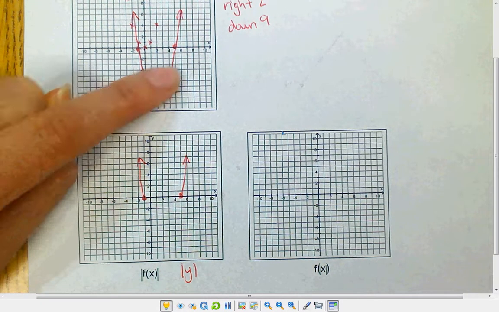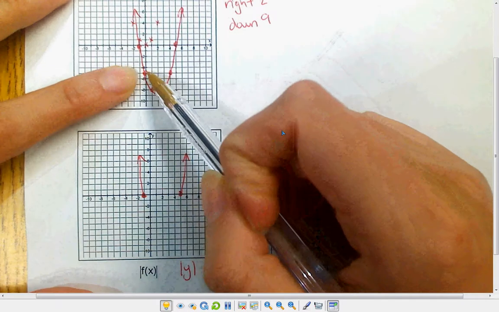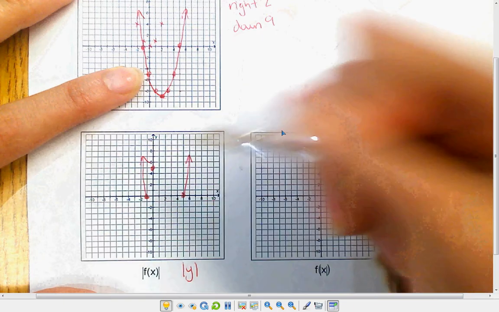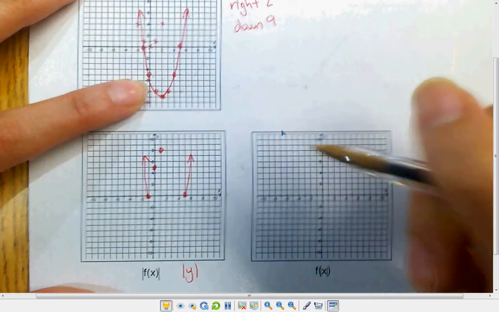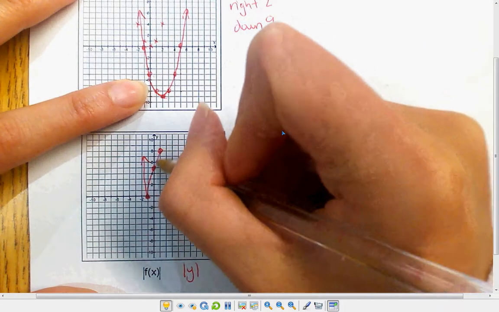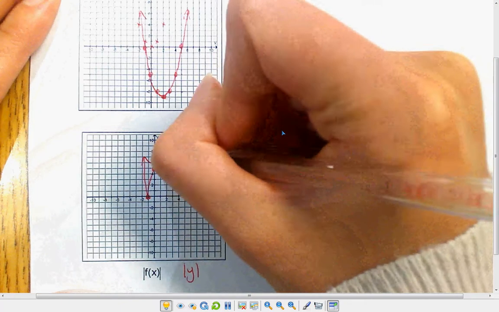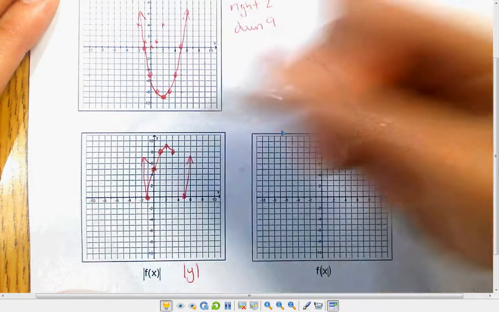Now everything underneath your x-axis is going to be reflected above. So this point right here, before it was 0, -5, now it's going to become 0, +5, because I'm making my y positive. 1, -8 becomes 1, +8. Again, I can connect my points. 2, -9 becomes 2, +9. 3, -8 becomes 3, +8.